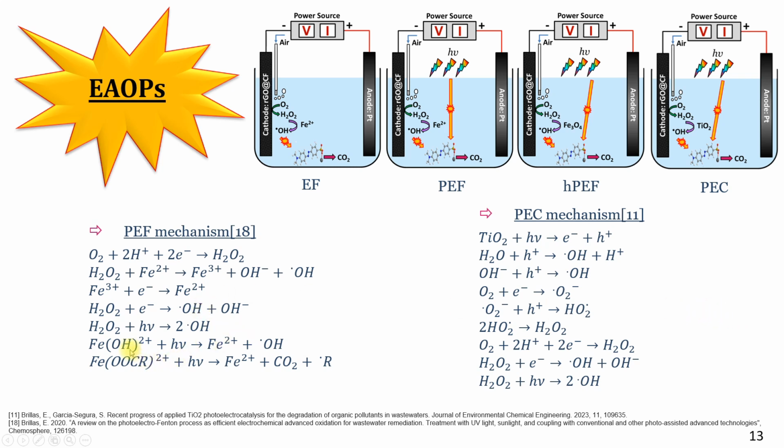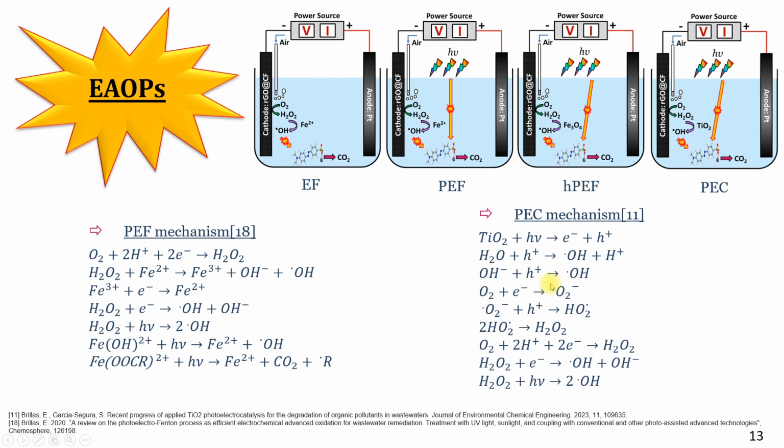Here, as we can see, with the irradiation of ultraviolet light, ferric ion carboxylic acid complexes are decomposed to ferrous ions, and some of the carboxylic acids are mineralized.